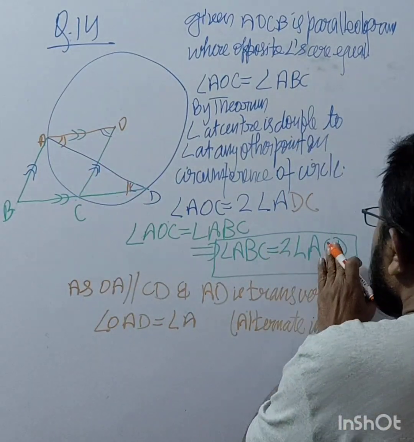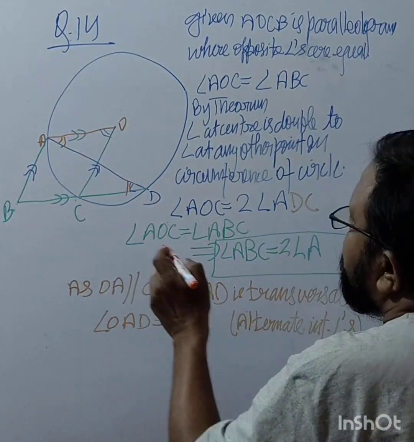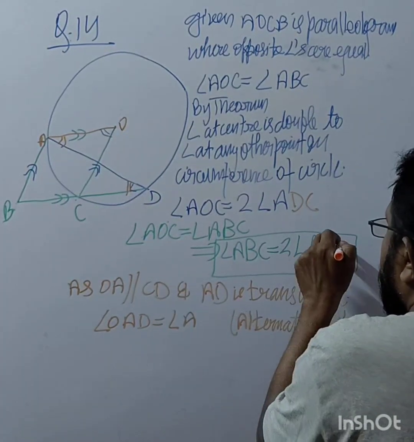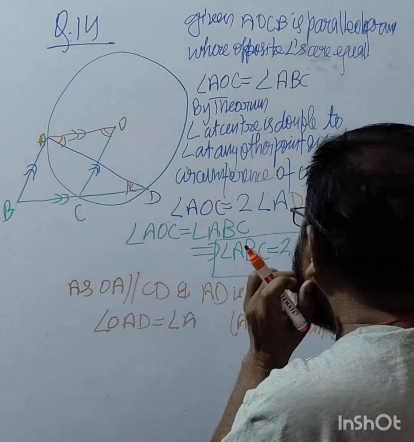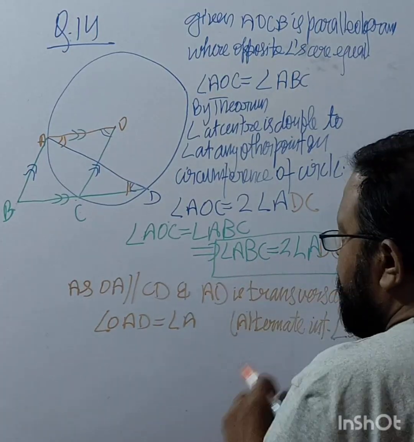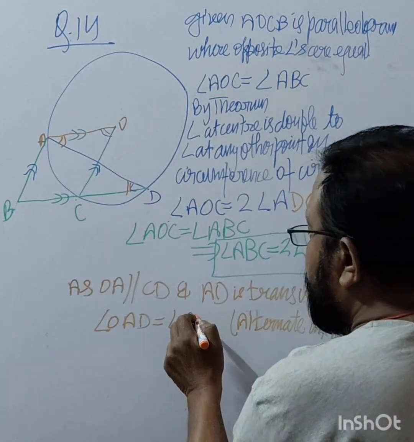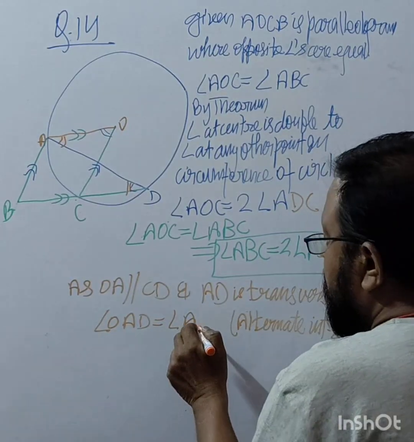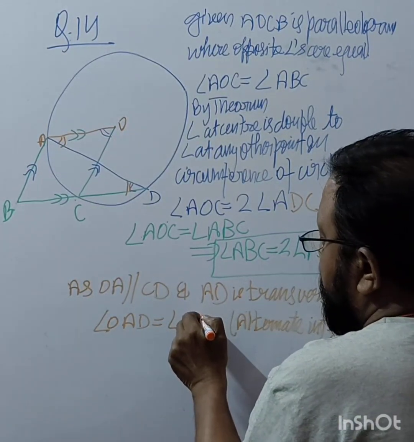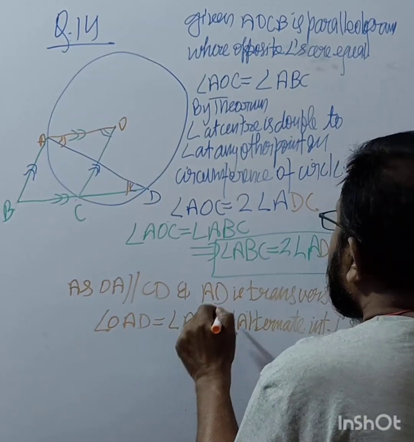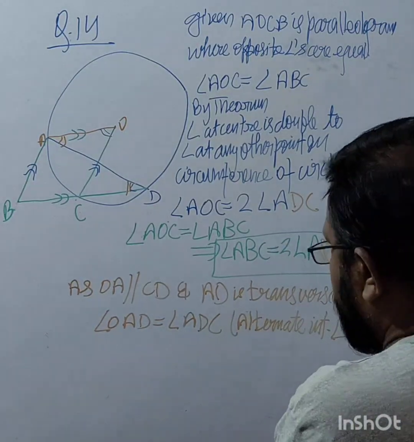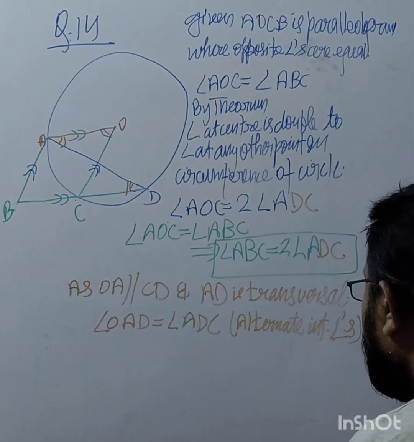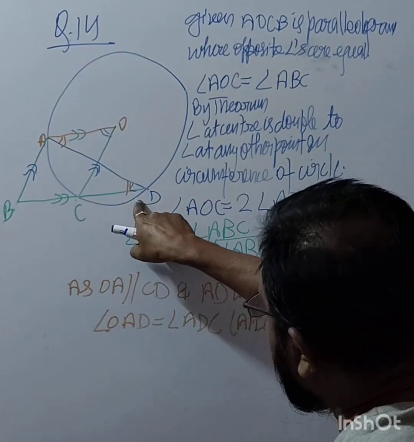When it is ADC, so it is ADC here also. Right? So angle ABC is equal to 2 angle ADC, and here we prove that angle OAD is equal to angle ADC. This vertex I wrote wrong, because we are taking this order as is.